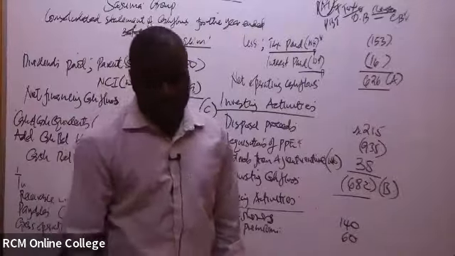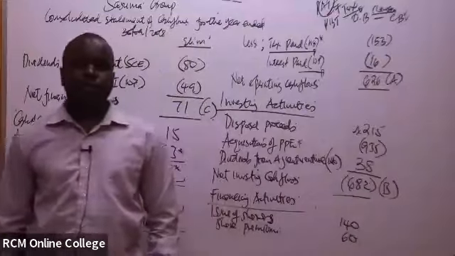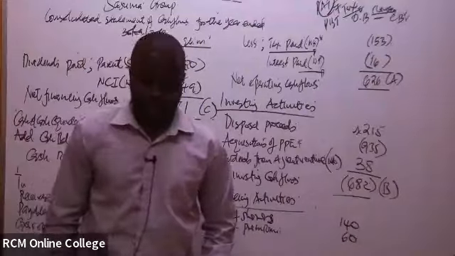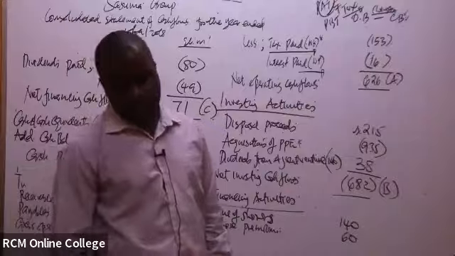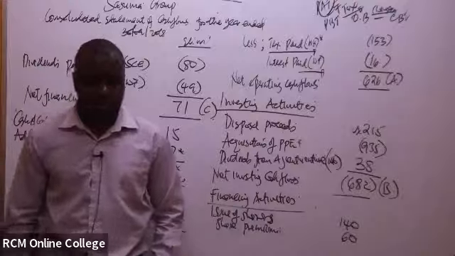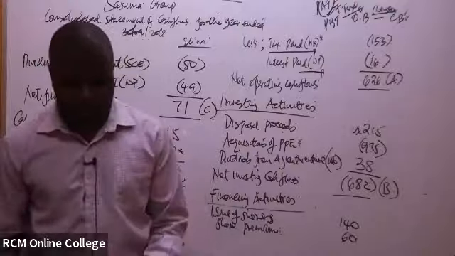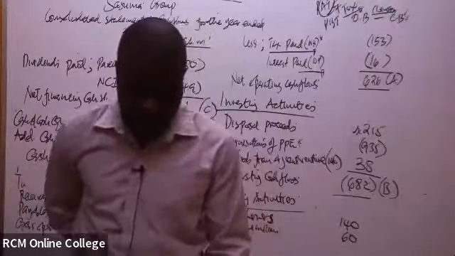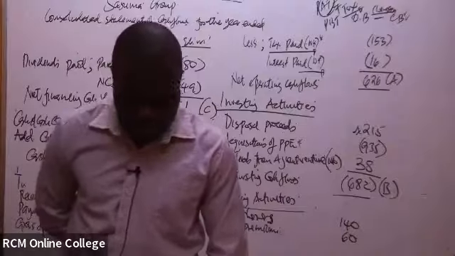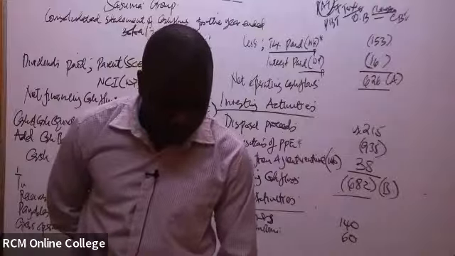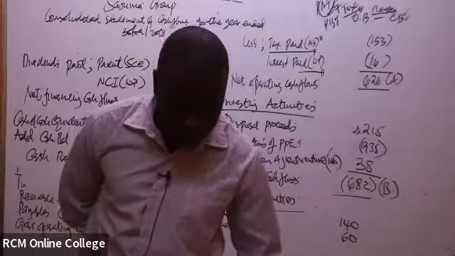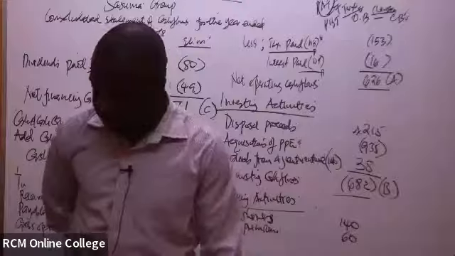Then there was a revaluation of 150 million. We also credited that account, but we took 20% of that revaluation of the assets. Then the balancing figure was 49. So that is how we got the dividend paid to the non-controlling interest. So I think that's it.